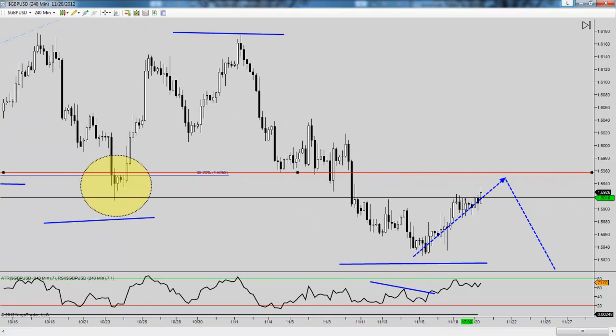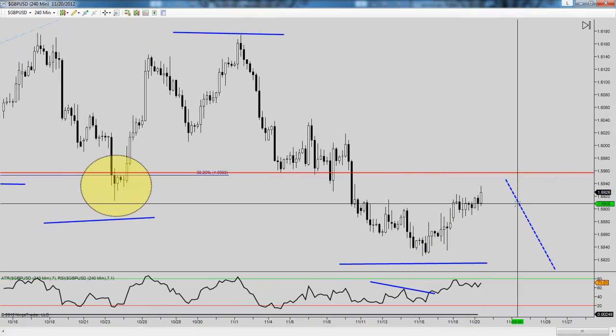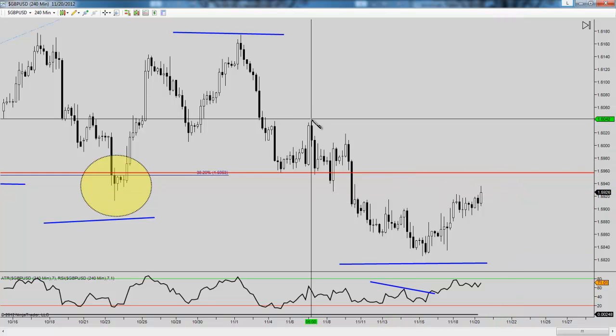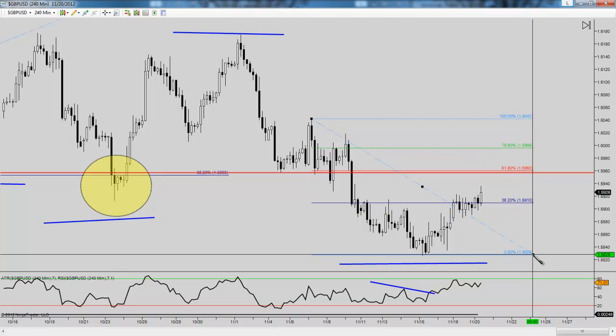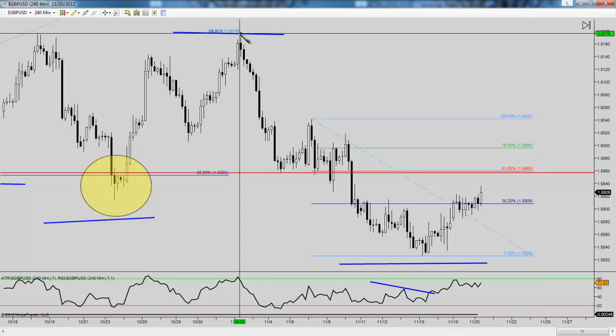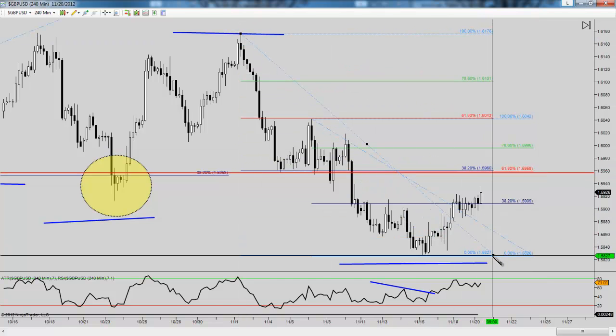This basically came in at the same level as well. But also, if I bring in my Fibonacci tool from the last swing high to swing low, we're going to see a 618 retracement right there as well. And even if I bring in, let's try this one, swing high to swing low, yep, we'll have a 382.